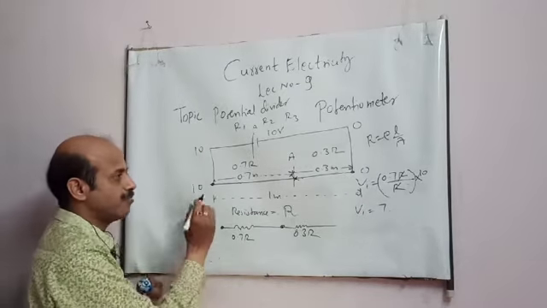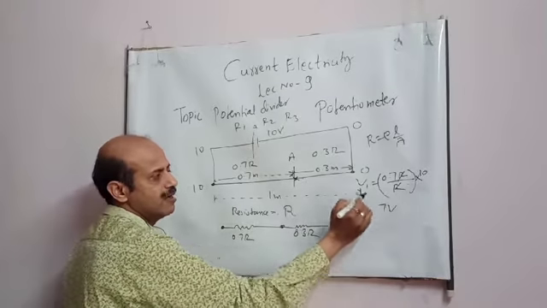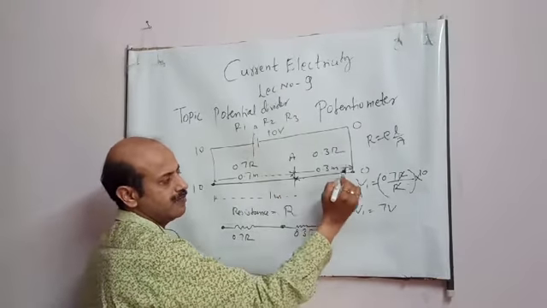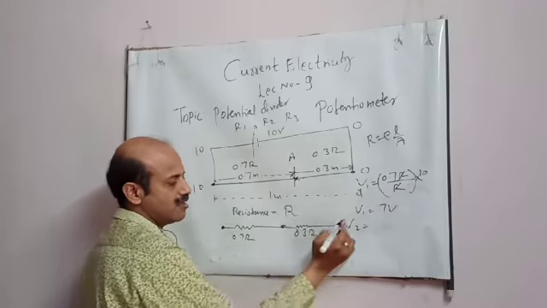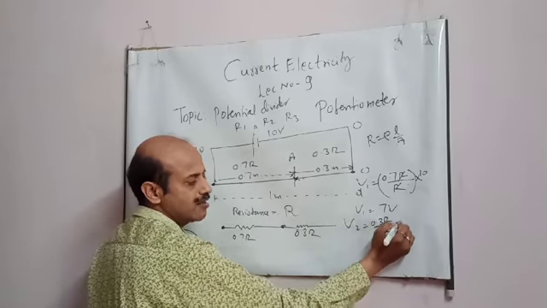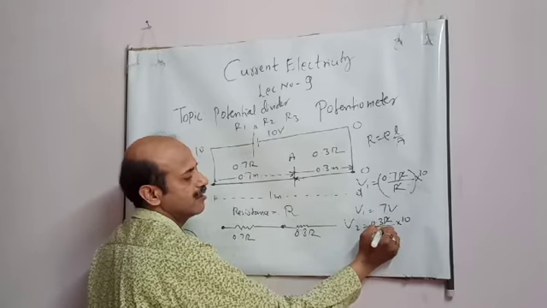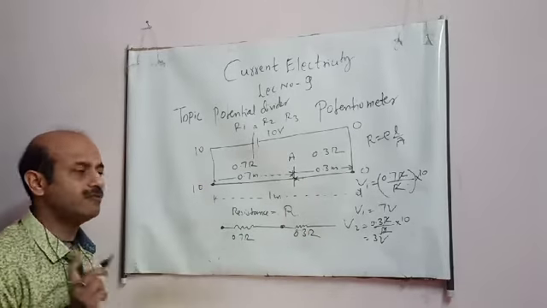This means the potential difference across this is 7 volt. Similarly, you can find the potential difference across this, V2, with the same formula. Now the resistance is 0.3 R upon the total resistance, into 10. See, 3 volt.